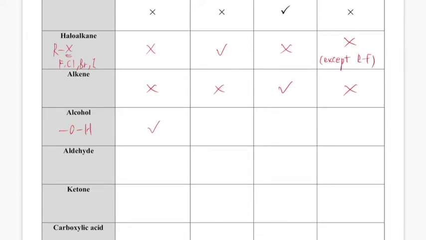And the next one, whether it's polar or non-polar: because of the OH bond in this alcohol, it will make it polar. And when alcohol meets water molecules, it is able to form hydrogen bond. It has lone pairs on the oxygen of the alcohol and the oxygen of water, and also hydrogen attached to oxygen on both alcohol and water, so it can form hydrogen bond.